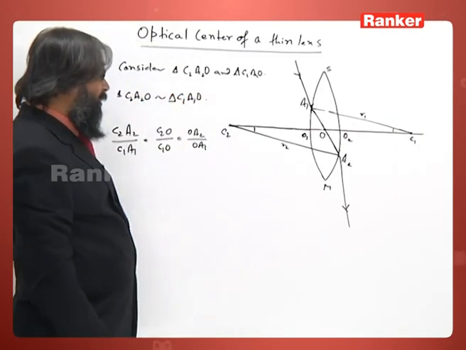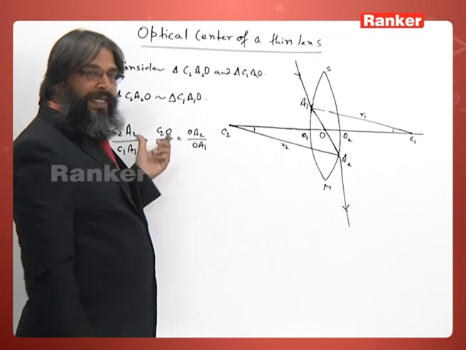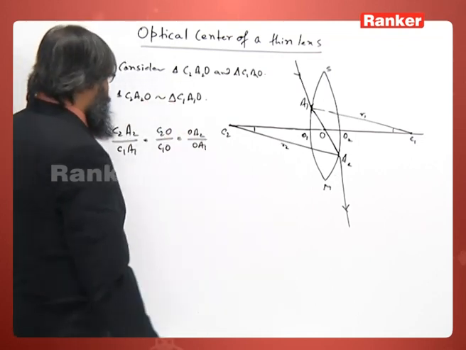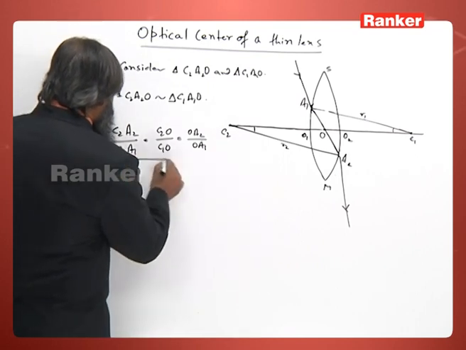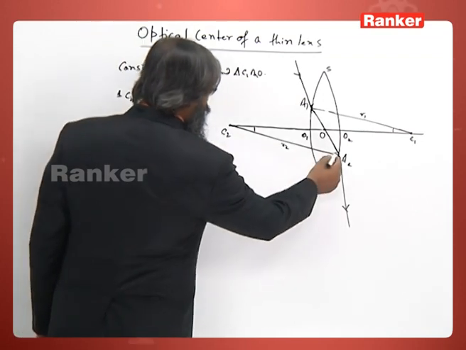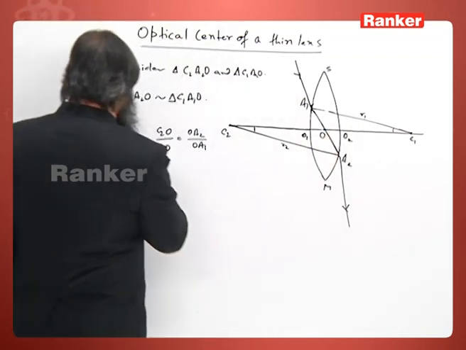This is the proportionality theorem when two triangles are similar. Now you see, we will concentrate on this part, C2A2 by C1A1.